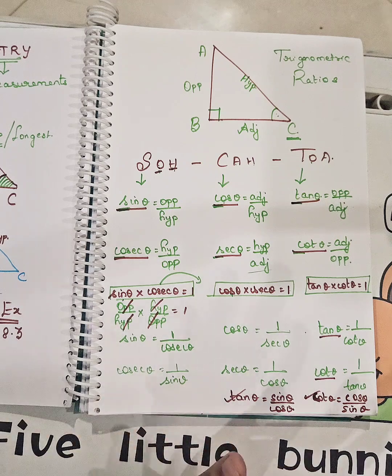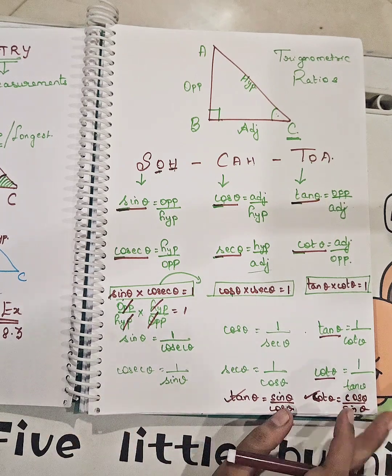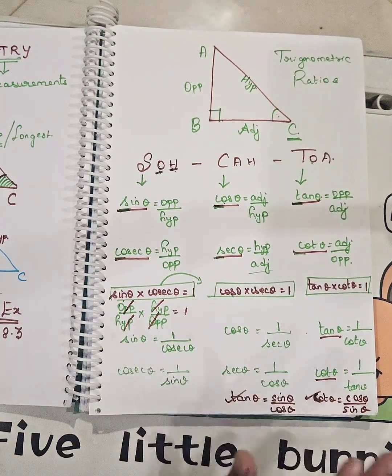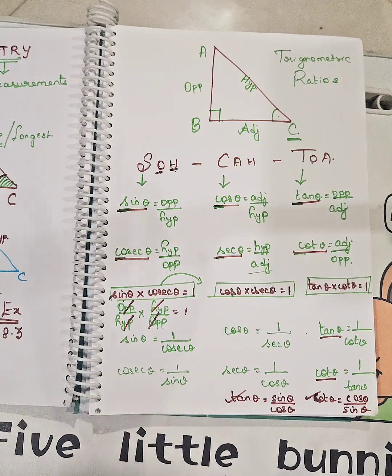So that is all with the basic formulas, students. So let us start with the exercise. Using these basic formulas, we are going to solve exercise 8.1. Very important, this exercise forms the basis of all other proving sums.